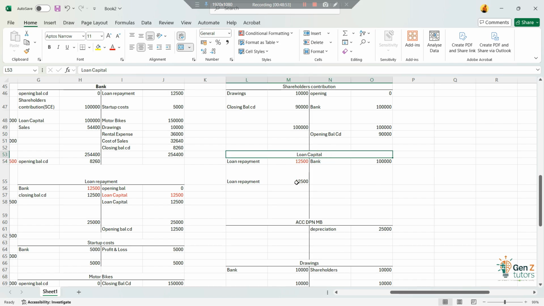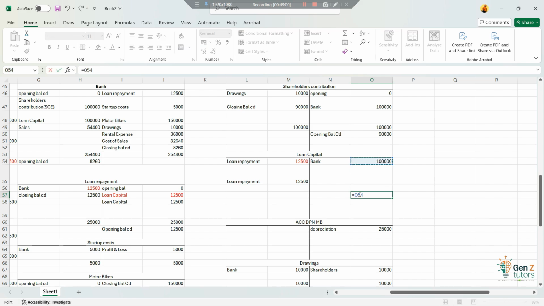And then now we're gonna have to go and say we want our closing balance, which is evident. This is the bigger side. And then close this off and say okay, fine, closing balance carried down.